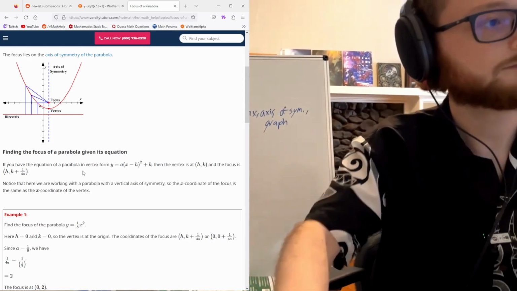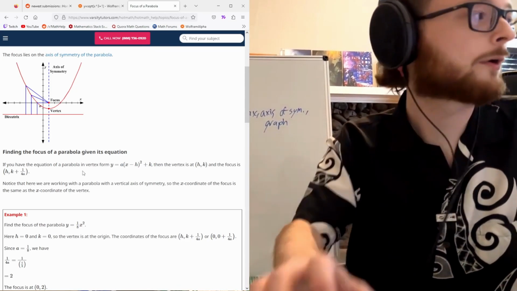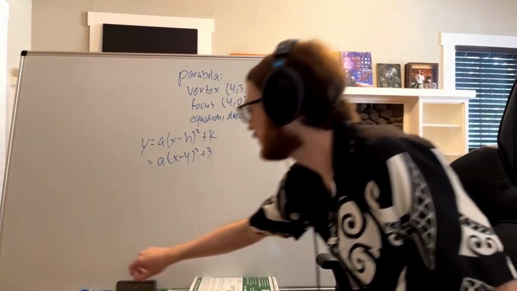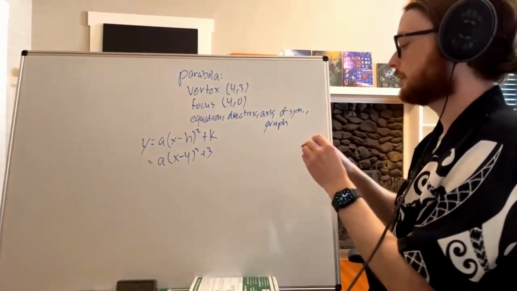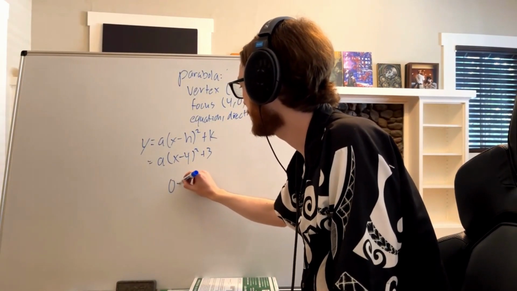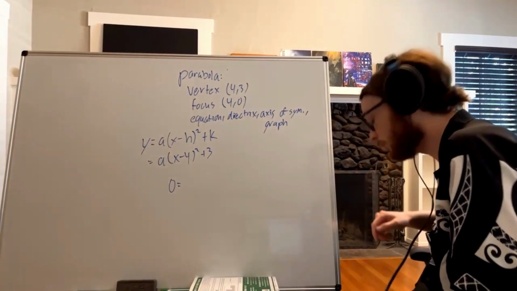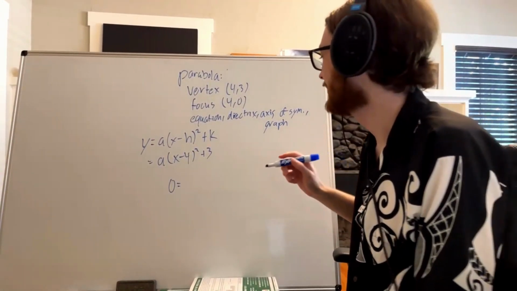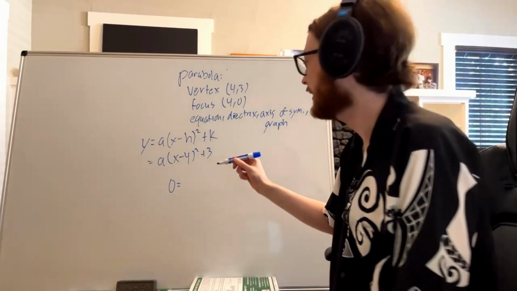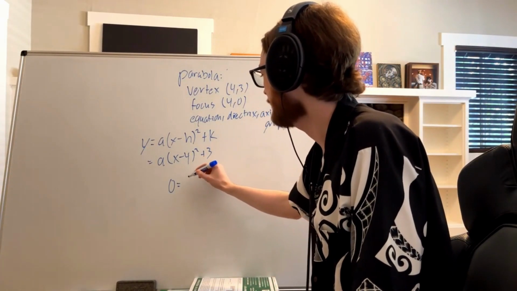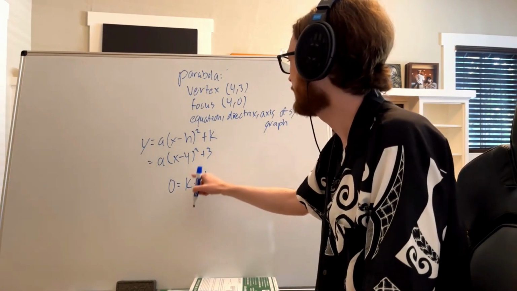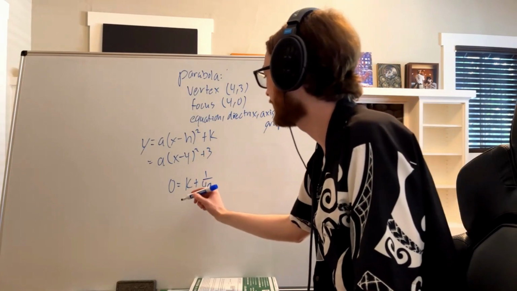So we know the y coordinate of the focus is 0. That was given from the problem. So 0, the y-coordinate of the focus, is equal to that formula, k plus 1 over 4a, and k we already said was 3 because that's from the vertex.